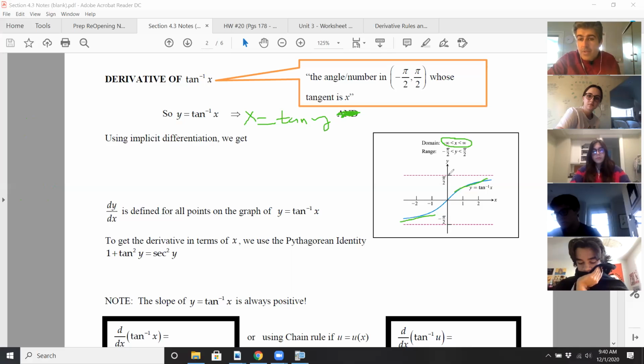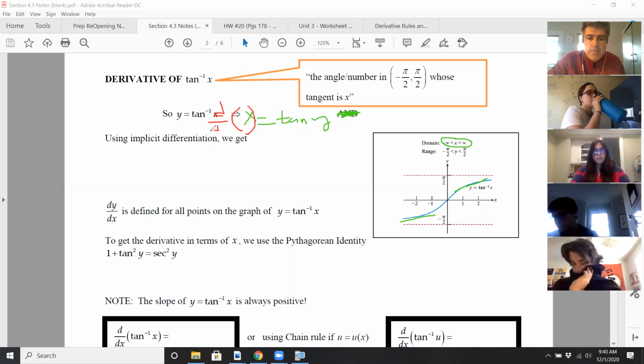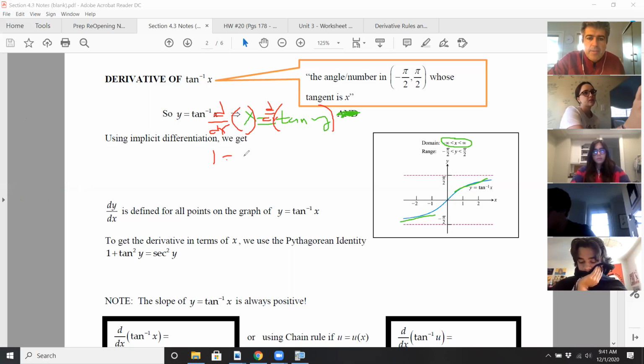Anyway, let's do the implicit differentiation. So let's take the derivative of both sides with respect to x, just like we did in the previous page. So that's going to be 1 equals, now that's secant squared y. Hope you guys remember that. But times dy over dx.